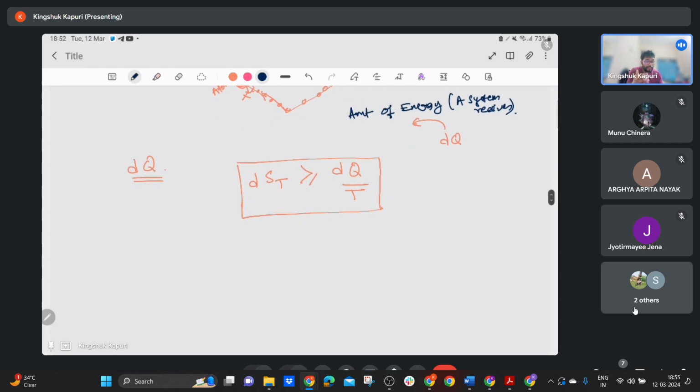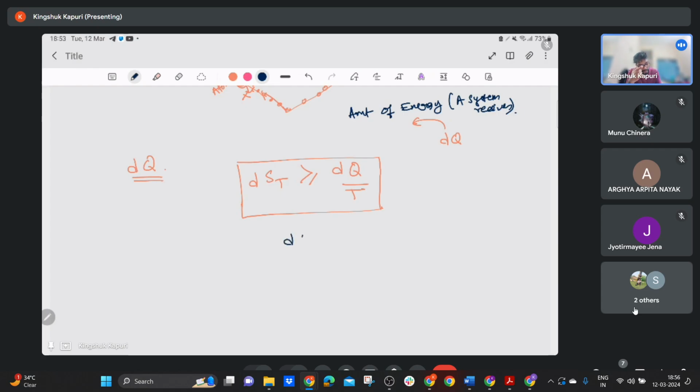When we want to calculate dq, the amount of energy a system receives, we generally equate it with dH, the change in enthalpy.